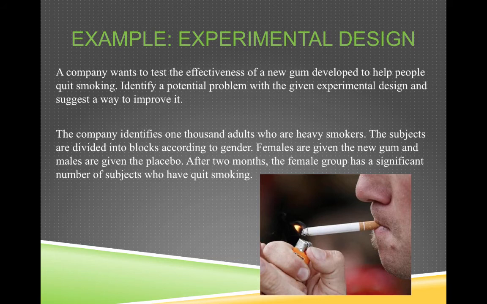The company identifies 1,000 adults who are heavy smokers. The subjects are divided into blocks according to gender. Females are given the new gum, and males are given the placebo. After 2 months, the female group has a significant number of subjects who have quit smoking.